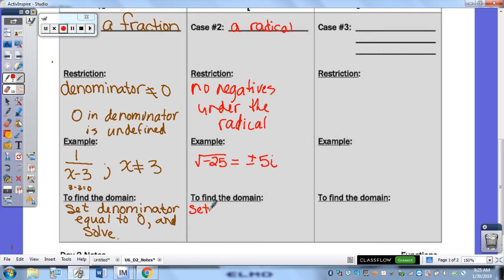So what we do is we set the radicand, which is the stuff under the radical, greater than or equal to 0, and solve for x. If it's greater than or equal to 0, that means it's going to be either 0 or a positive number, which is what we want under our radical signs. So that would help us find our domain.